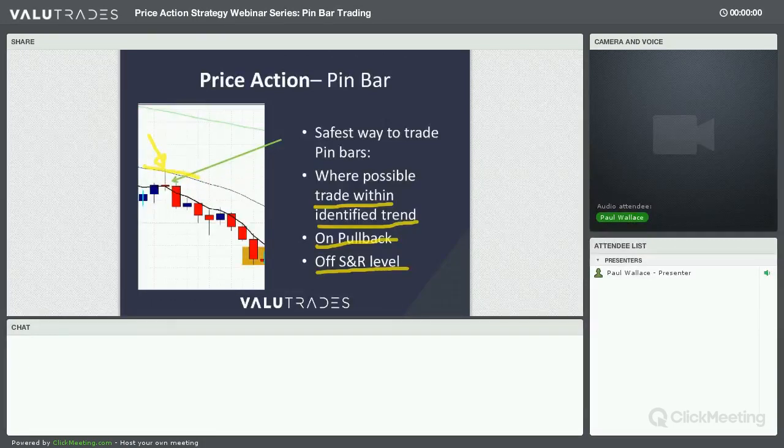It might be a Fibonacci level, which we covered last week, if you remember rightly. It might be a pivot level, which we also talked about. If you're trading on an intraday basis, price is in a downtrend, it pulls back to a pivot and it puts in a pin bar there, well, that can give you a very solid little trade signal, a very simple one to be able to follow and trade.